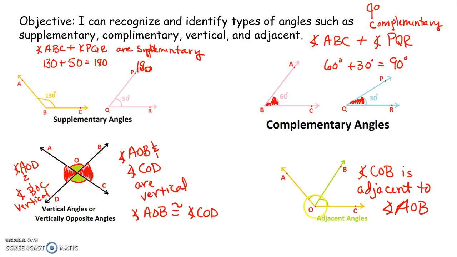Those are adjacent angles. They share this side. They share OB and the vertex O. So the bottom angle has OB as a side and O as a vertex, and this top angle has OB as a side and O as a vertex. So those are adjacent angles. It just means they touch, they share a side.